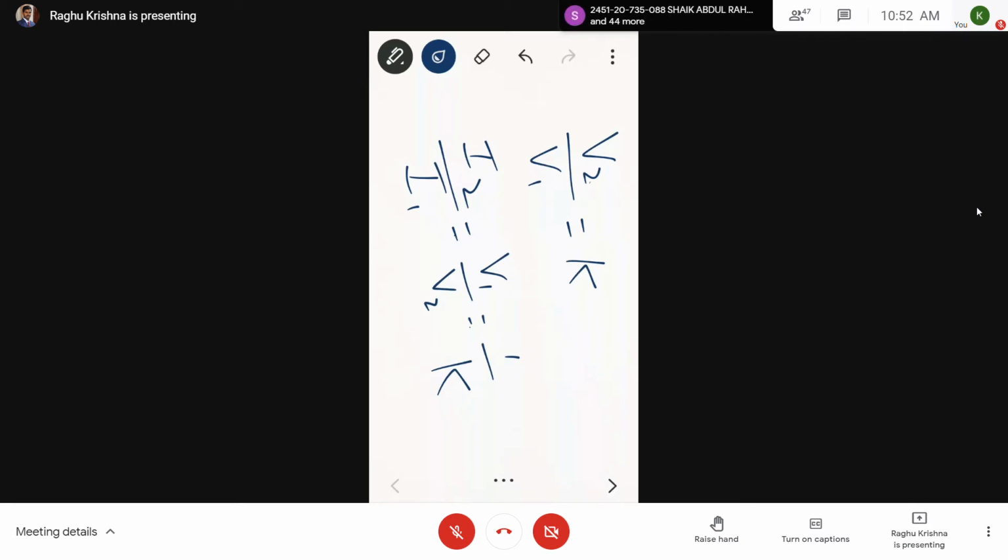You know that V1 I1 is equal to V2 I2. So I2 by I1 can be written as V1 by V2, which is equal to 1 by K. Is it clear?